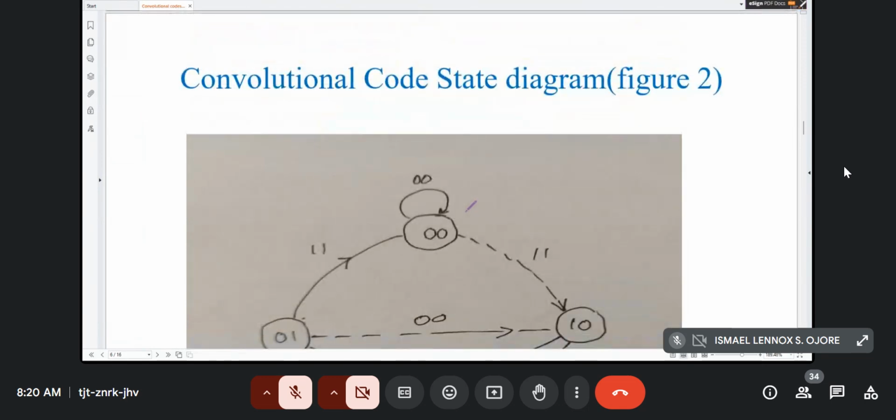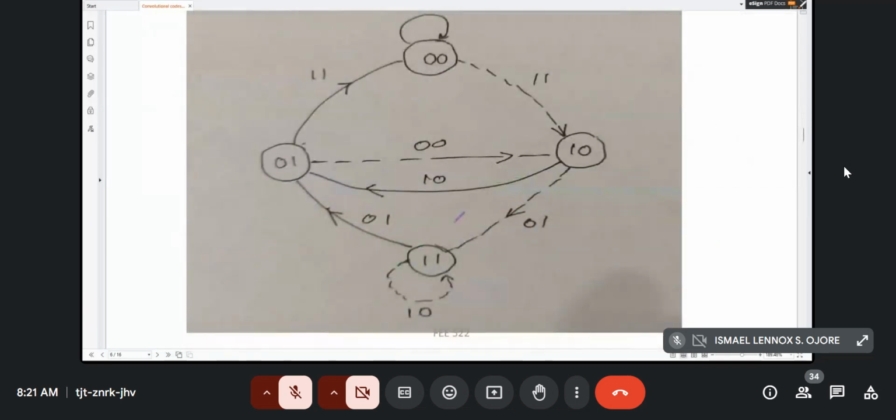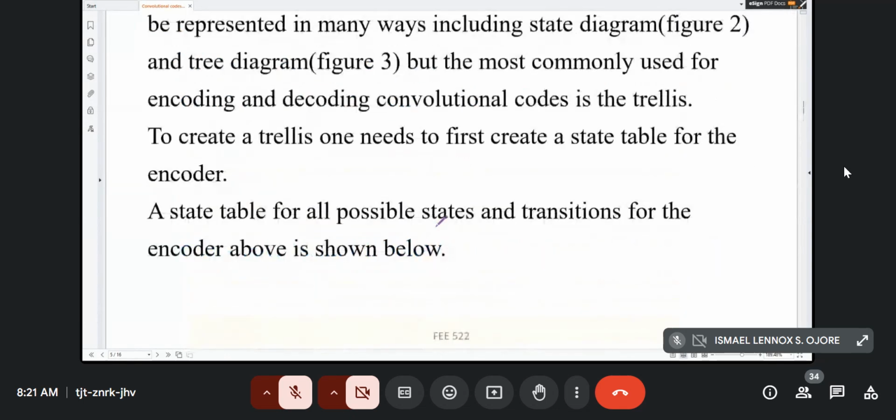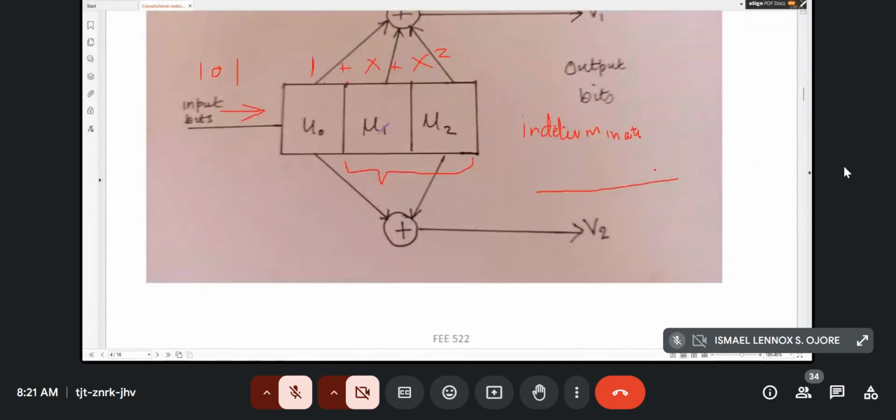If you have state 0 0 and the input is a 0, forget what is here, the next state will be 0 0, because this is a shift register.